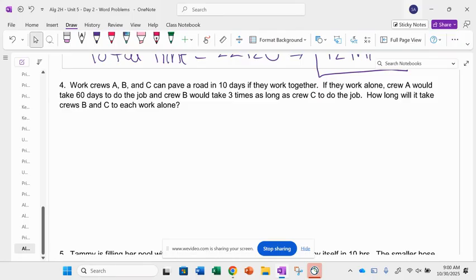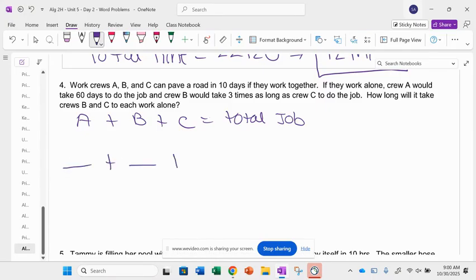All right, so I know it's going to be A plus B plus C equals the total job. So we have our 3 fractions equaling our total job, which is 1. So it says work crews A, B, and C can pave a road in 10 days if they work together.